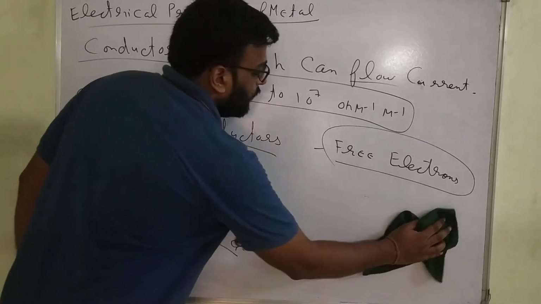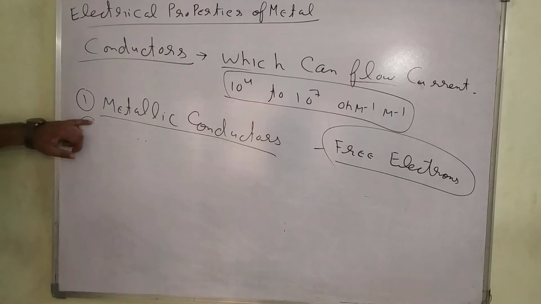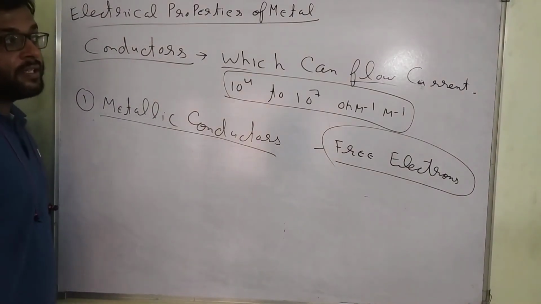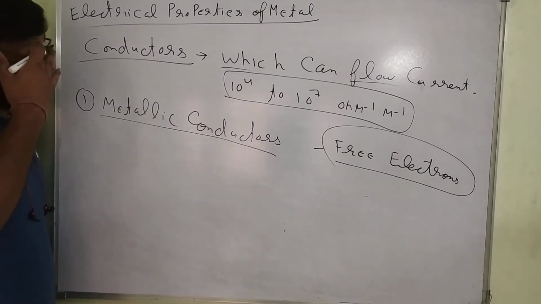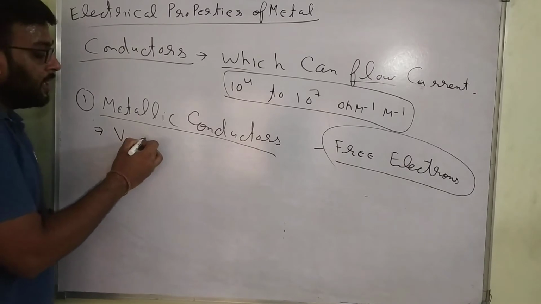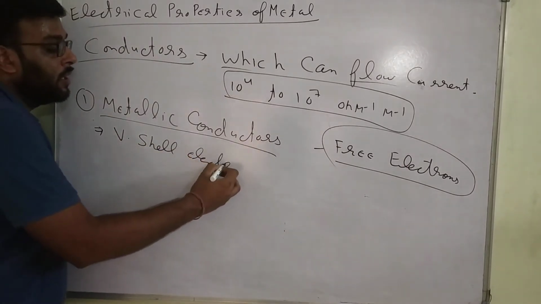Today we will discuss the free electrons of the metallic conductor. What do you understand by free electrons? Where do they come from? The next point is valence shell electrons.